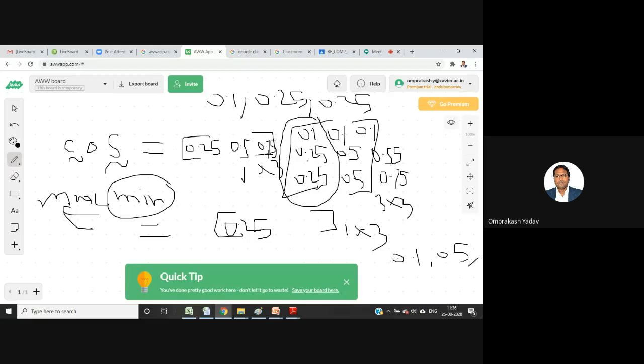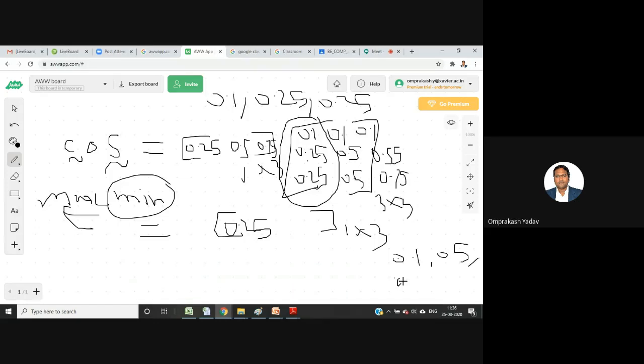And next, 0.75 and 0.5, it's 0.5. Out of these, 0.5 is the max, so I'll write it over here. Similarly, 0.75 and 0.1, 0.1 will be minimum; 0.75 and 0.5, 0.5 will be minimum; 0.75 and 0.75, 0.75 will be minimum. Out of this, 0.75 will be the max. So I'll write it over here.